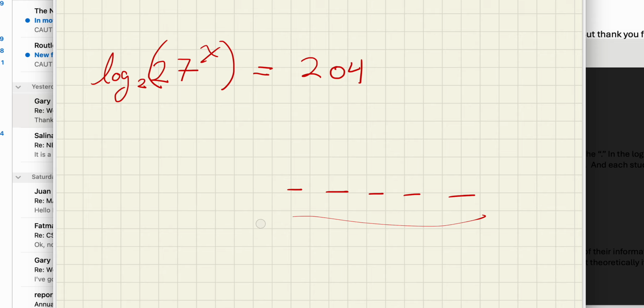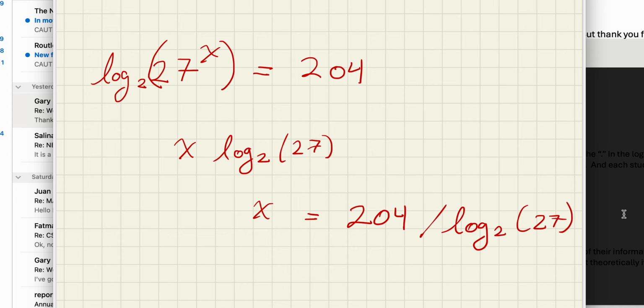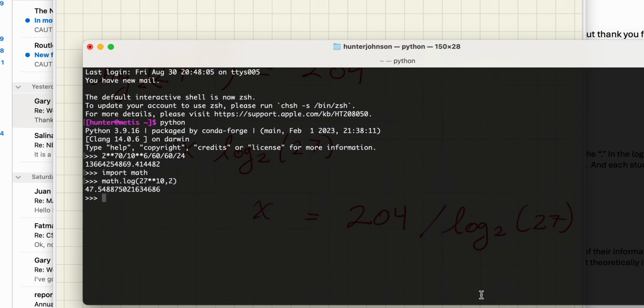So one of the nice properties of the logarithm function is that it spits out exponents, and so this is the same thing as x times log base 2 of 27, and so x is equal to 204 divided by log base 2 of 27. And again, I can do that in my Python calculator here.